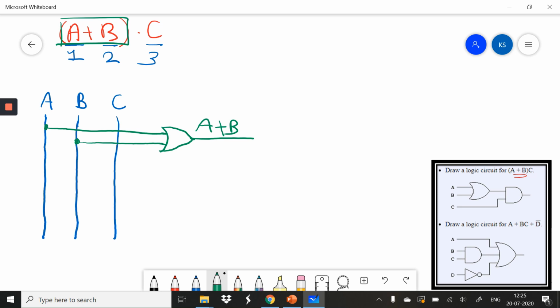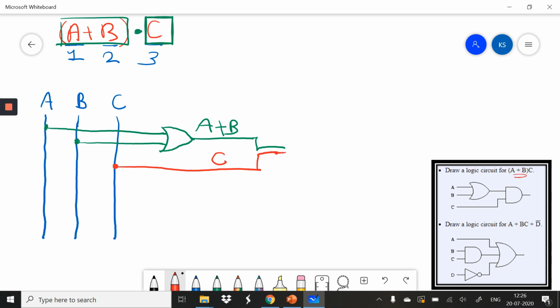Now it's time to draw C. What is the relationship between these two? That is the dot operator: A plus B dot C. We got A plus B, and now it's time to add C. Here I have C, and here I have the A plus B output.